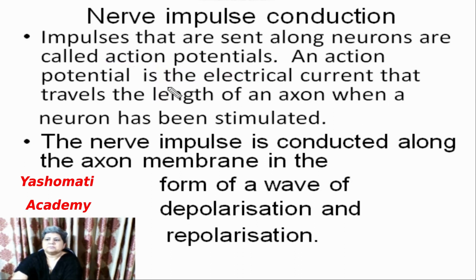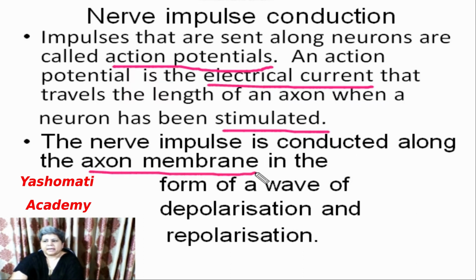Action potentials are basically electric currents which travel through the length of the axon when the neuron is stimulated. Stimulated means activated, and sometimes we use the term that the neuron gets fired. The nerve impulse is conducted along the axon membrane in the form of a wave of depolarization and repolarization.